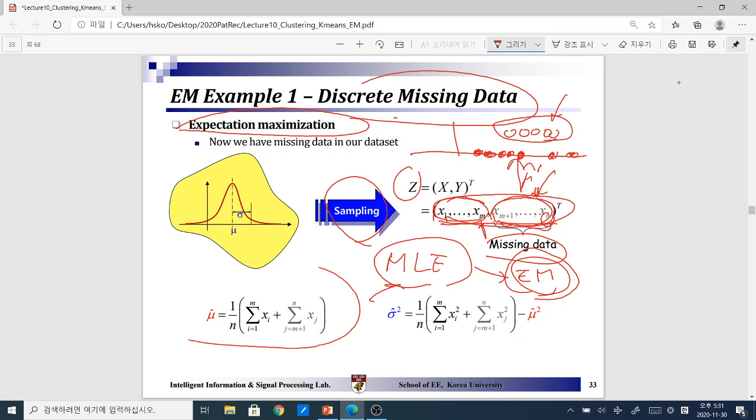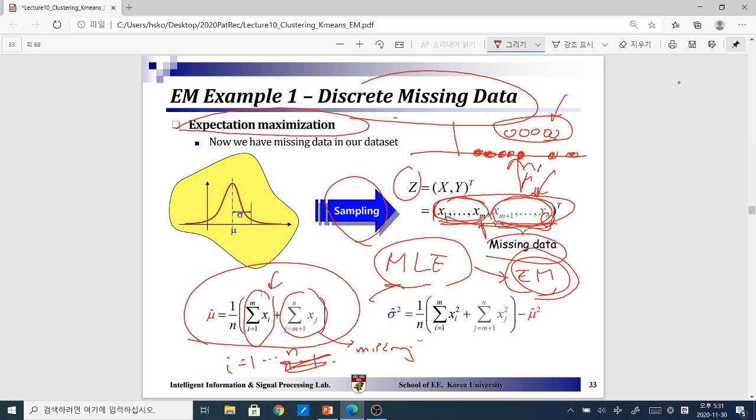So the mean value, as you can see, is a sample mean, and it's going to require all of the values from, say, i from 1 to n samples, right? However, we only have sample values up to m, and the rest is missing. So this one here is missing.